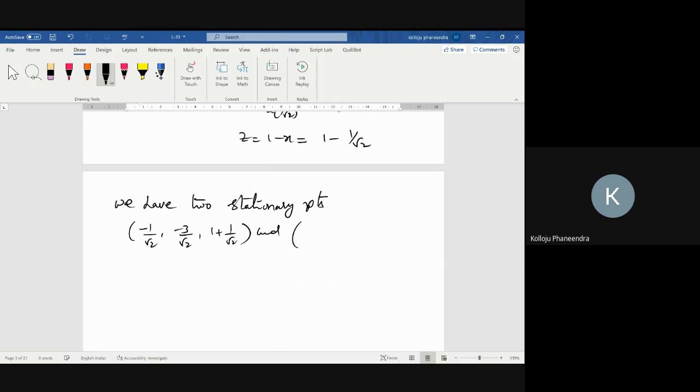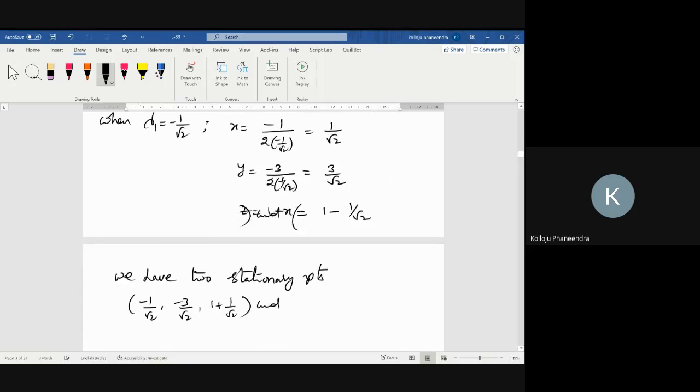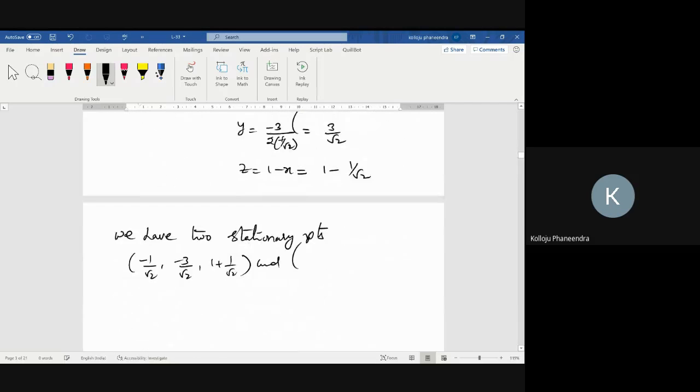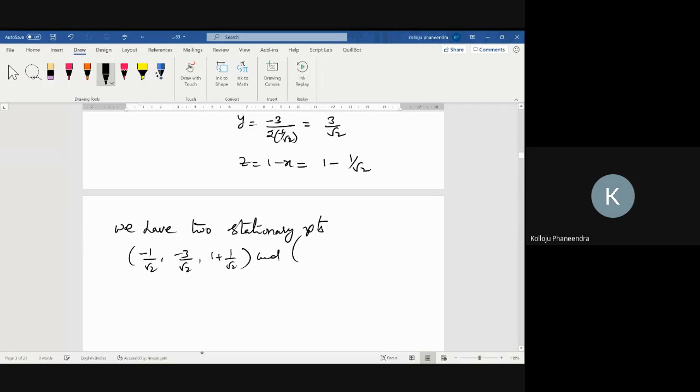And another one is what? 1 by root 2, 3 by root 2, 1 minus 1 by root 2. This is another point. Take this as A and this point as B.